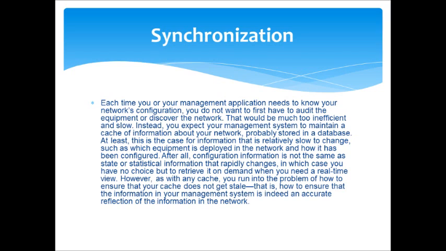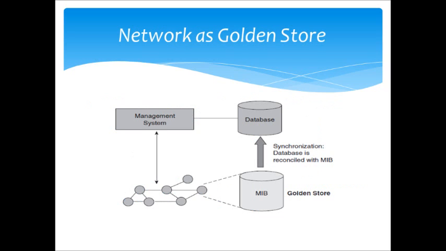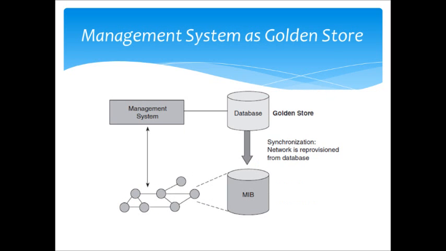At least, this is the case for information that is relatively slow to change, such as which equipment is deployed in the network and how it has been configured. After all, configuration information is not the same as state or statistical information that rapidly changes, in which case you have no choice but to retrieve it on demand when you need a real-time view.